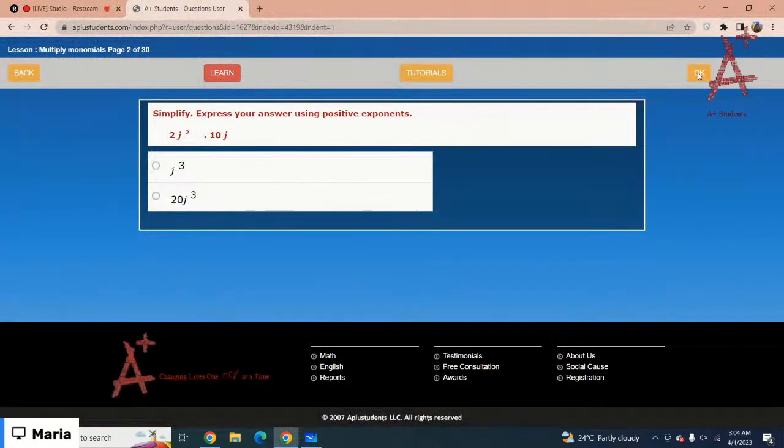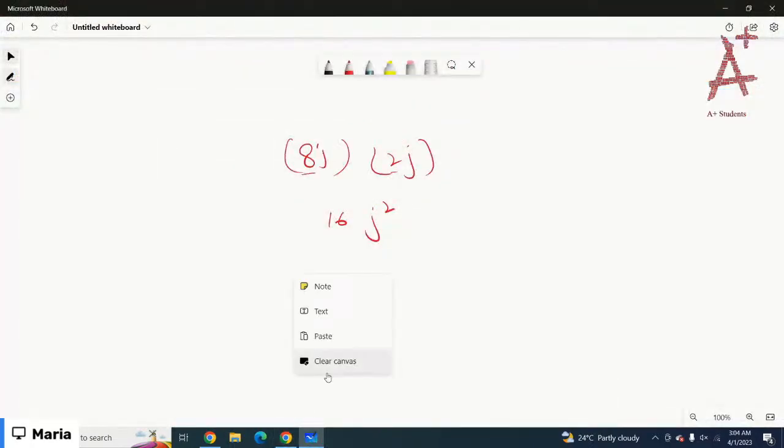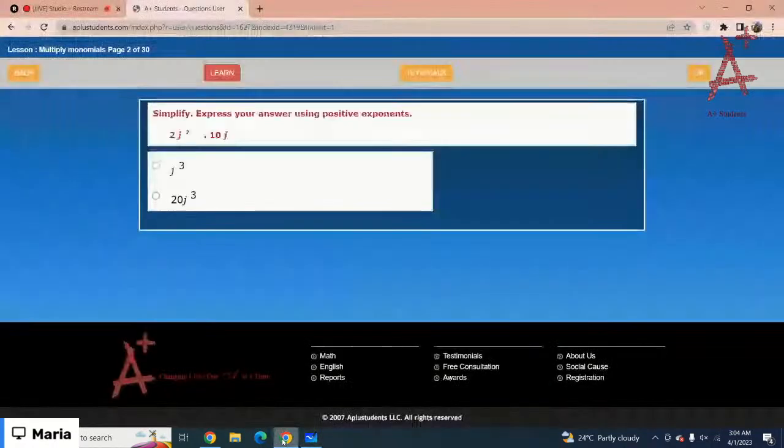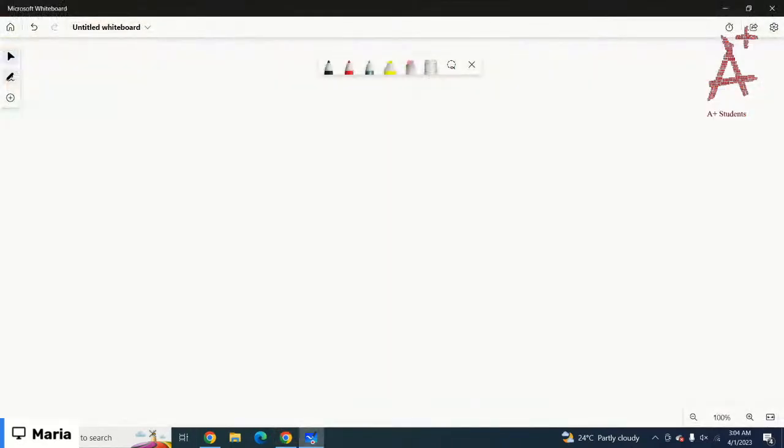Okay, the next one is 2j square times 10j. So let me write it down on the board. 2j square times 10j.